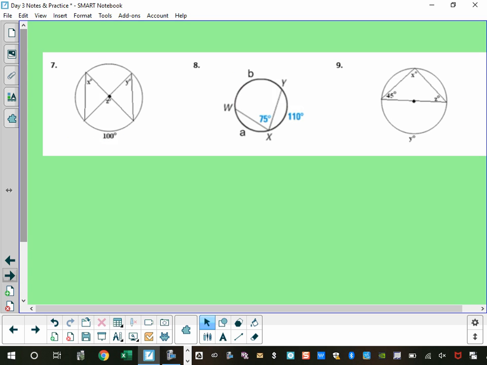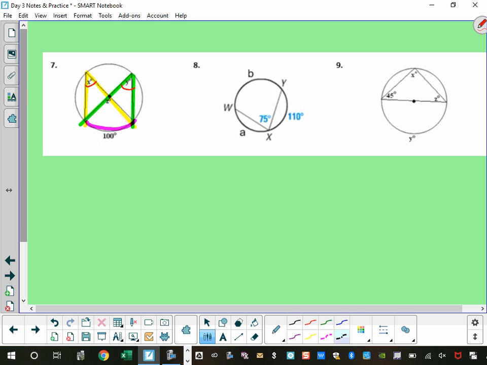All right, for number 7, I have 2 inscribed angles here. The first one is here. The second one is this guy. They both have the same arc. So that means those inscribed angles are all the same.